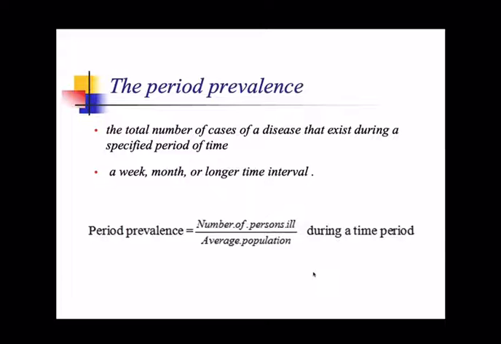The period prevalence is the proportion of a population that has the disease of interest during a specified period of time. The period could be a week, month, or longer time interval.